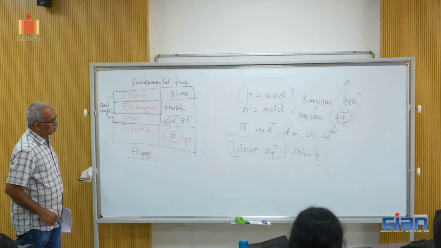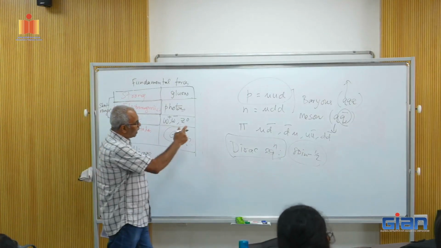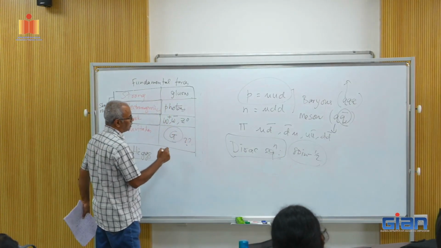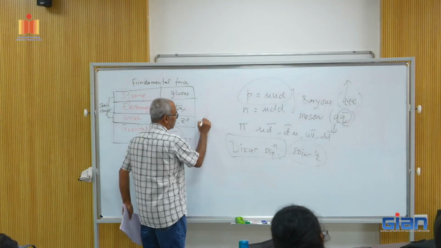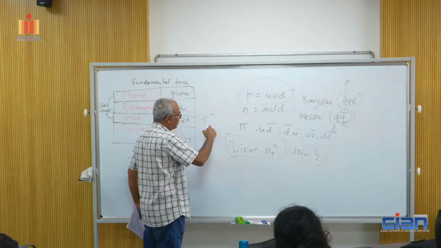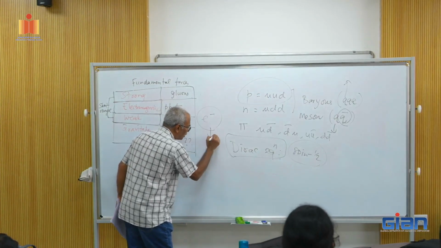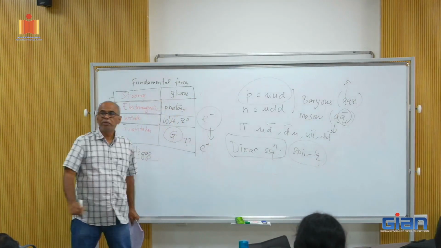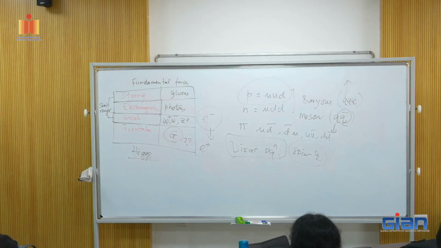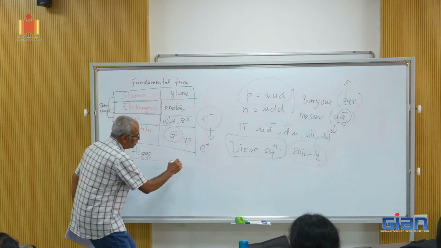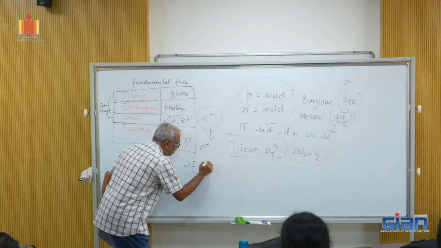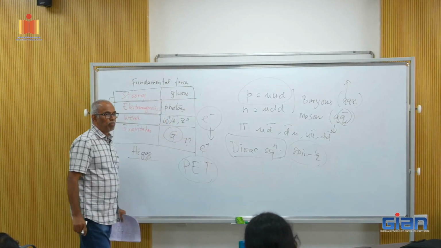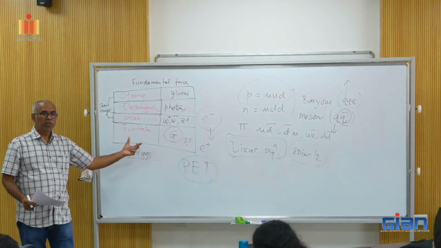One of the particles that I mentioned in the table was the electron, if you remember. We are all familiar with the electron. The antiparticle of the electron is the positron, which has found a lot of application in recent times in the form of positron emission tomography.